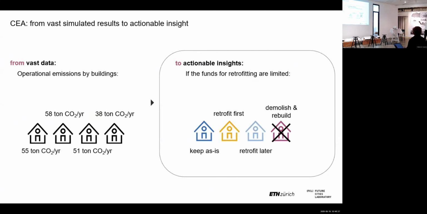Which building should be retrofitted later? Which building should just be demolished and rebuilt because it has no value? And which building should be kept as is? Especially when you have limited funds, it's not always the case that you can just retrofit everything. That's a perfect scenario, right? So we want to achieve this. Currently CEA has a method to do so, and we're working on automating this process.